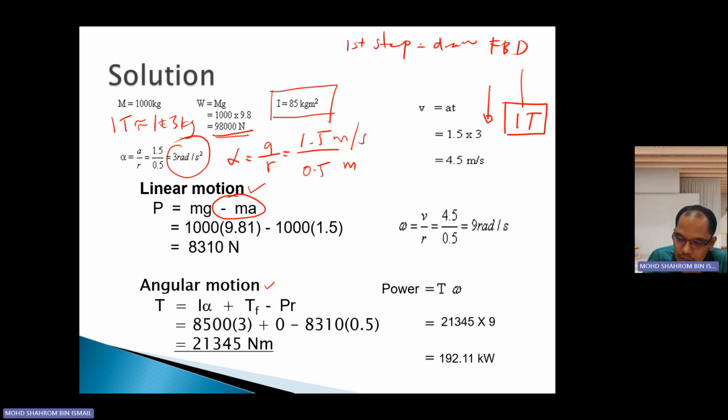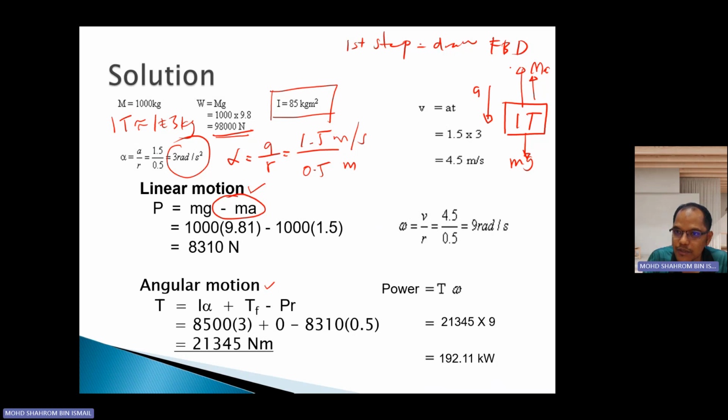So if it descends downward, of course here we have mg. Since it descends downward, A is also going downward, so we're going to have a reaction force of m times a.